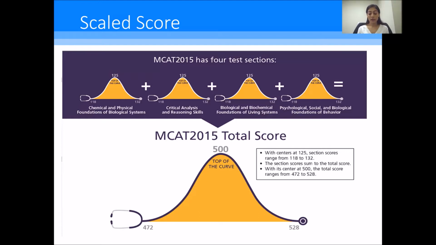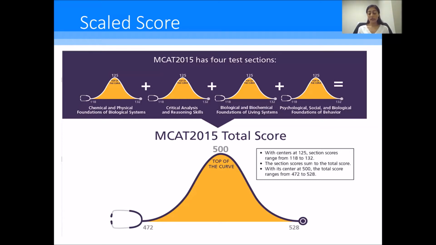The reason being is because the old exam ranged from 3 to 45, where 45 was the maximum score you could get, and 3 was the lowest score you could get. Now that gives a possibility of 43 different total scores that you could have gotten. You can now get 57 different scores. So you can see that the MCAT has become a lot more granular, and it's increased its statistical power in that sense.